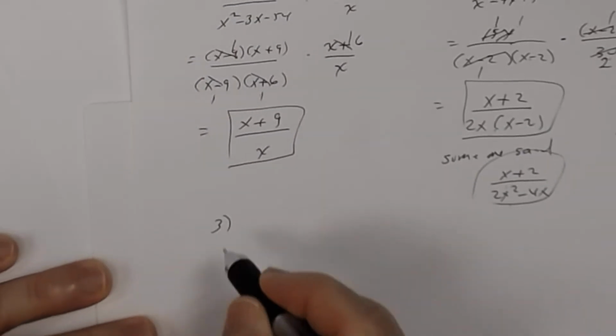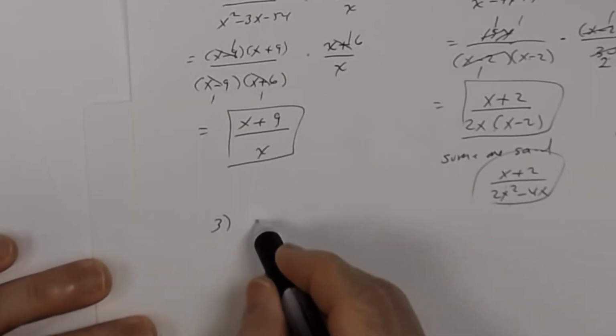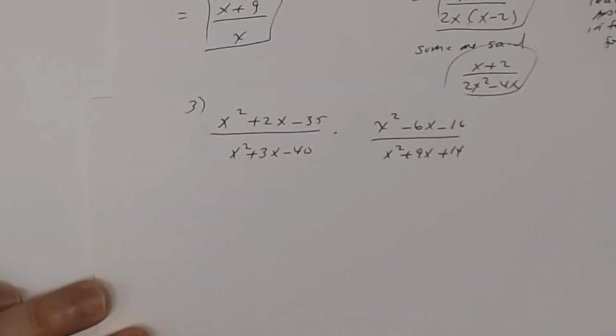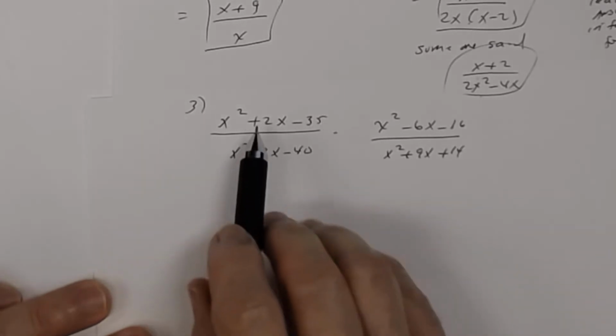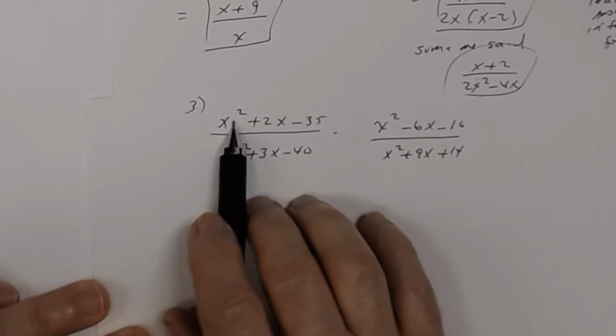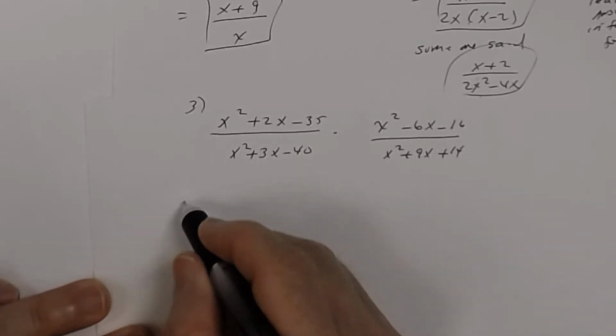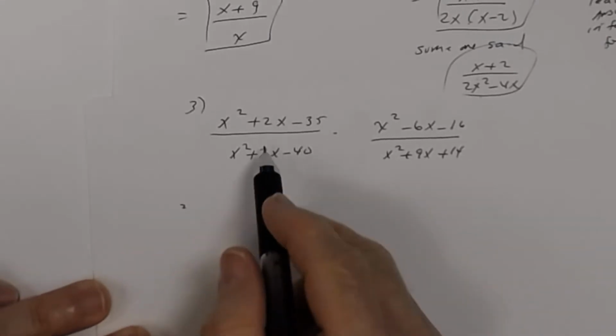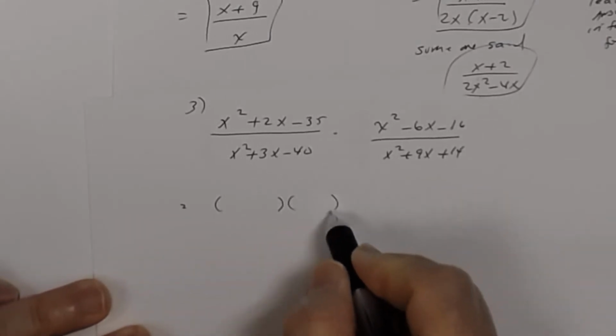All right, number 3. Okay, that's a long one. So notice you have these 4 polynomials. Let's factor the first numerator. Notice that all the GCFs are 1, so I'm going to go directly to the 2 binomials in every case.